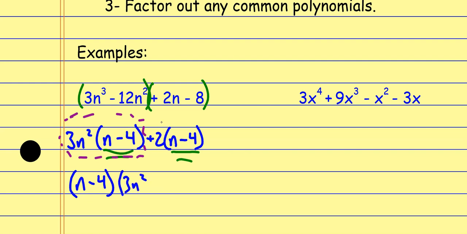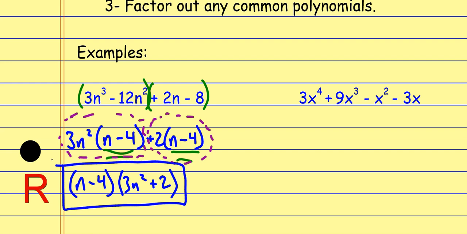And if I took the n minus 4 out of this second chunk of stuff, I'd be left with a plus 2. And so that's what happens. I just imagine what would happen if I took away the n minus 4s. I'd be left with 3n squared plus 2. Those are my two factors, and I have to have parentheses around them because I'm undoing the distributive property from two binomials, okay?